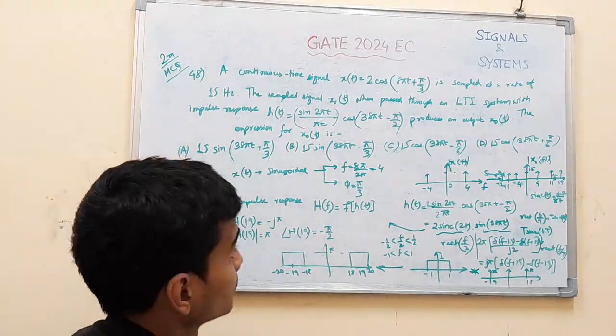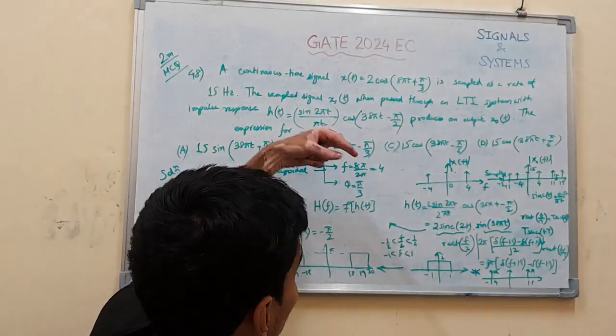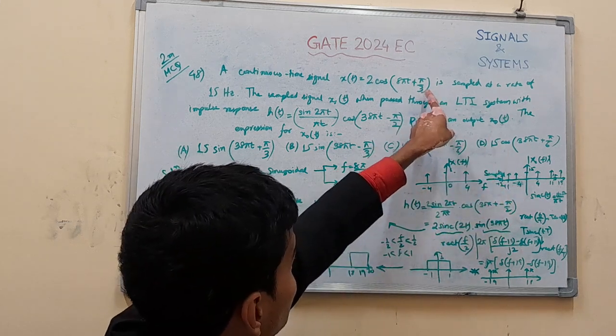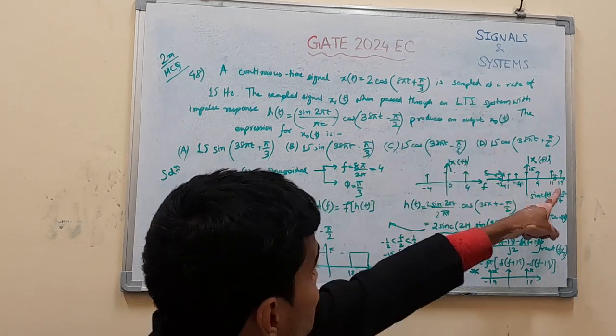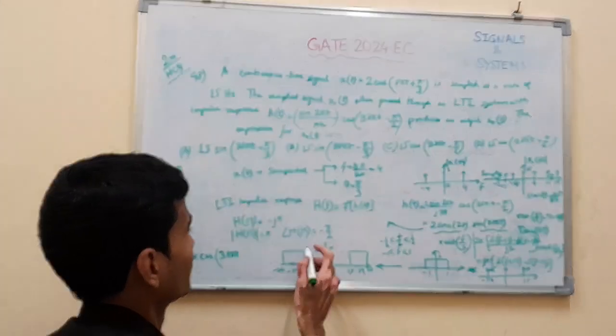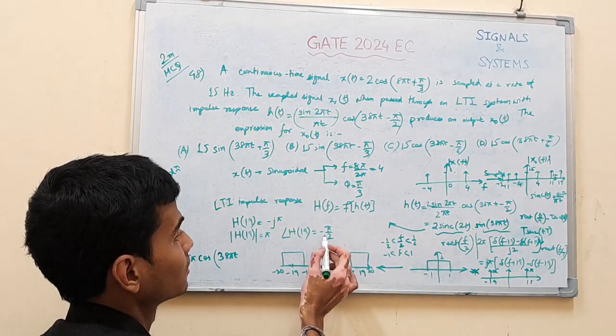The phase addition due to the filter will be the phase at f equal to 4, that is pi by 3, same as the phase at f equal to 19 for this sampled version, and to that we add minus pi by 2.